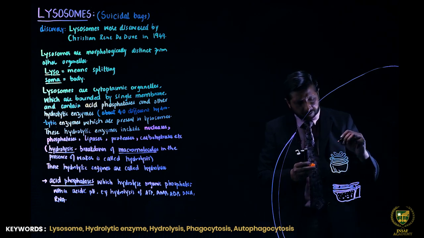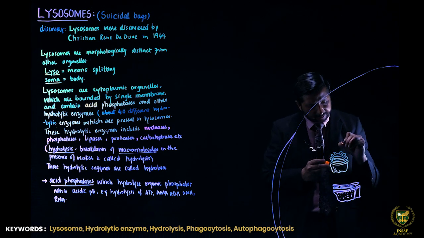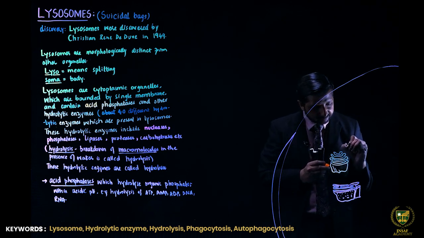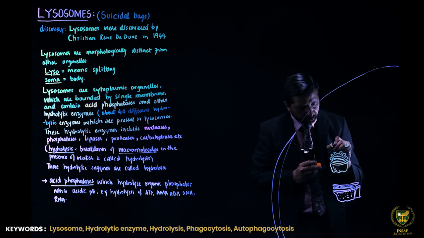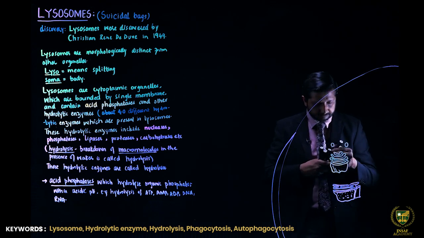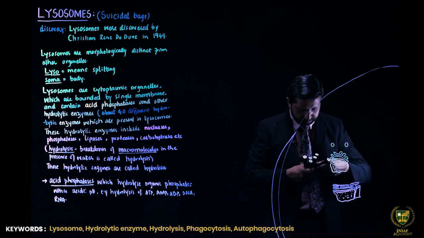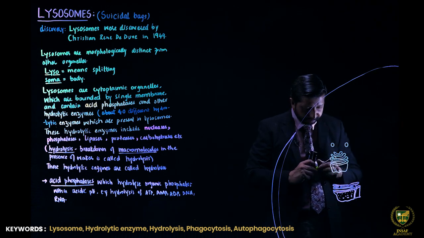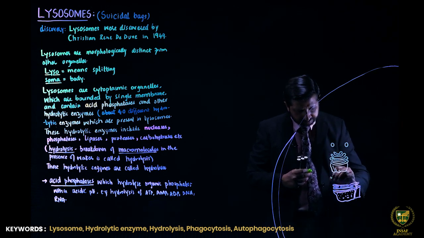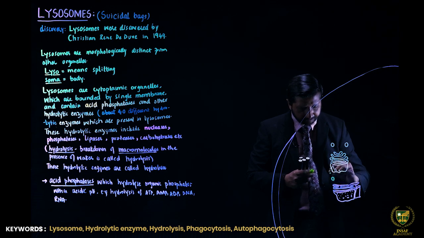Here, a Golgi vesicle is budded off. From here, this is the transport vesicle.